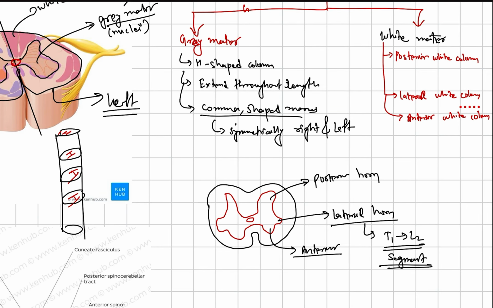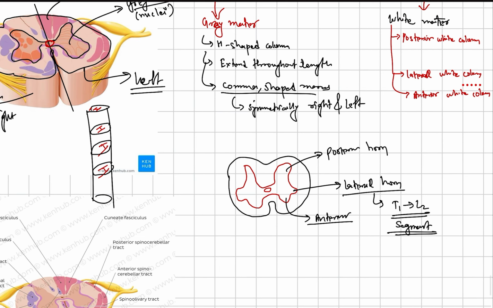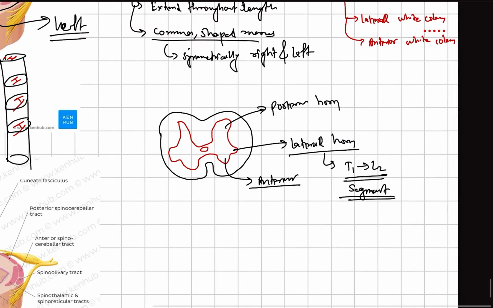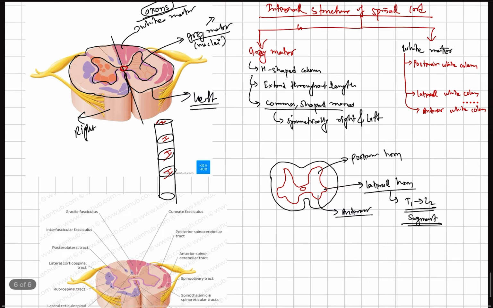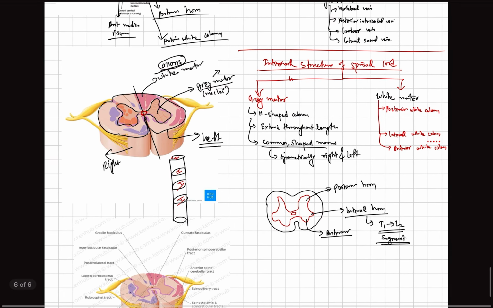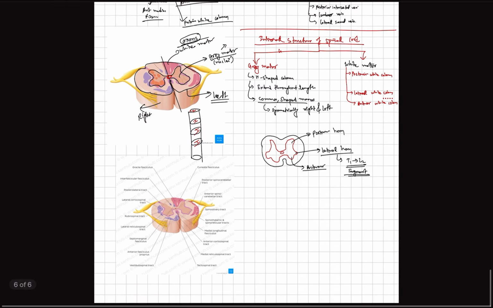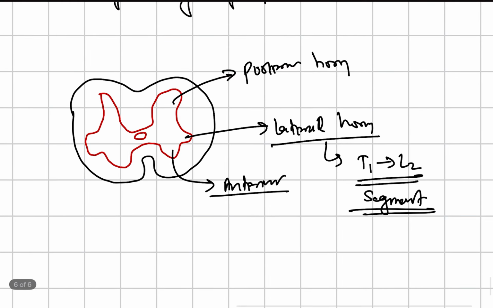Now moving on to the nuclei in the gray matter, where there are some enlargements, the groups of cells in the gray column. It is easy to understand in this image. First I will draw, and then I can make it clear in the image above.